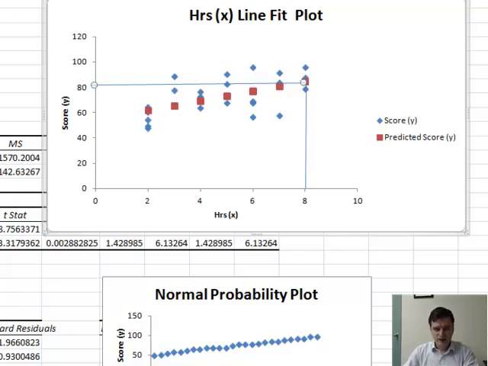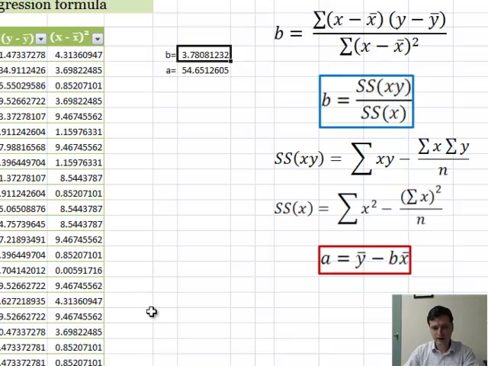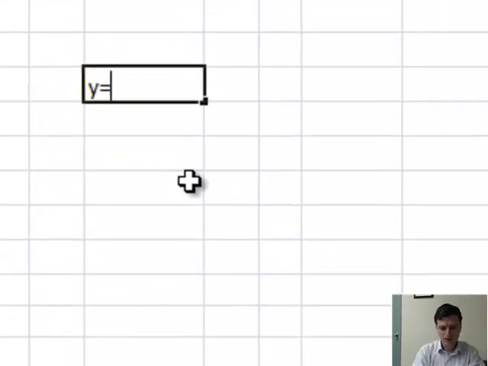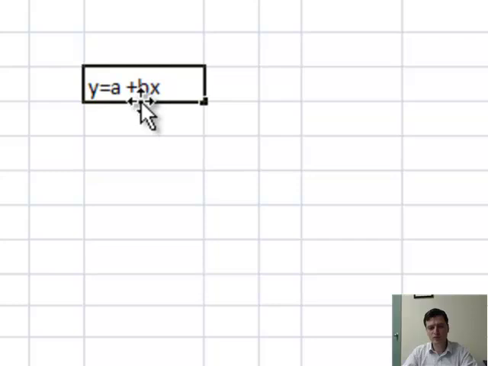The last thing I need to tell you is how to construct the regression formula. I will construct it right over here. The regression formula would be y equals a plus bx. What does that mean? We have a, we have b, and then we can claim what x may be.